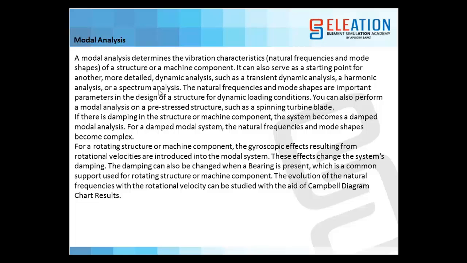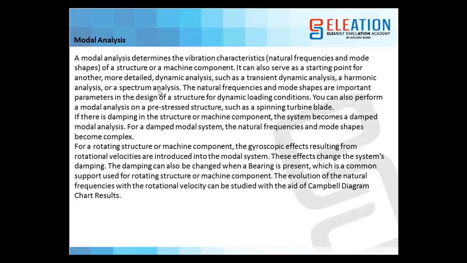If there is damping in the structure or machine component, the system becomes a damped modal analysis. For a damped modal system, the natural frequencies and mode shapes become complex, so you can perform a complex eigenvalue analysis also. For rotating structures or machine components, the gyroscopic effect resulting from rotational velocities is introduced into the modal system.